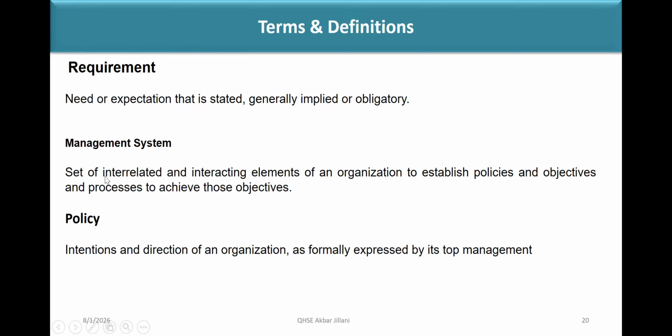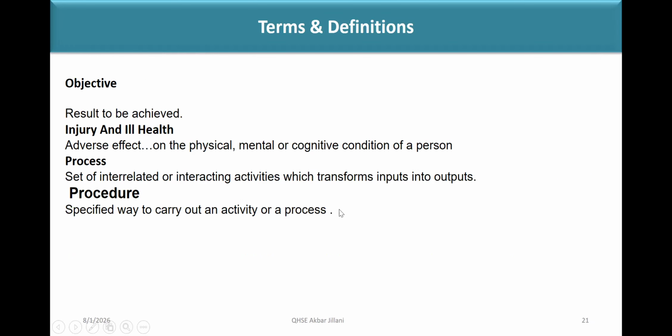Management system: set of interrelated and interacting elements of an organization. What is a management system? Set of interrelated and interacting elements of an organization to establish policies and objectives and processes to achieve those objectives. Policy: intention and direction of an organization formally expressed by its top management.